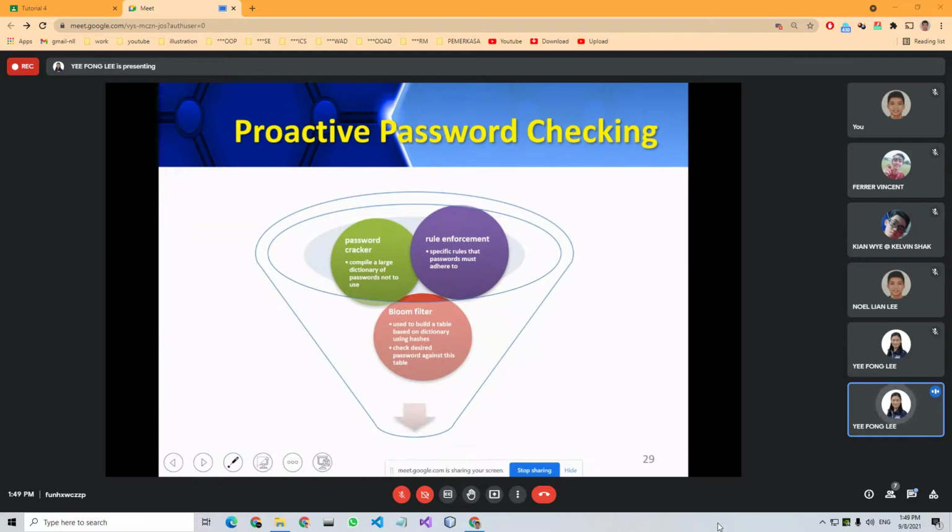So, rule enforcement. This part: a password must be at least 8 characters long. Then again, the password must consist of uppercase, lowercase, numbers, symbols, and punctuation marks.